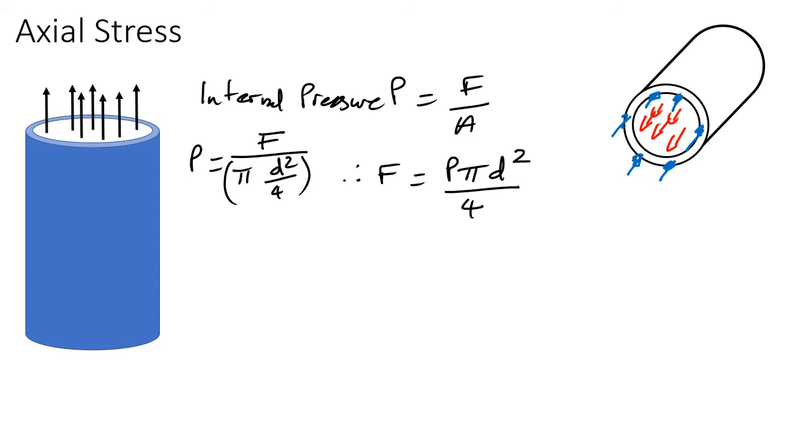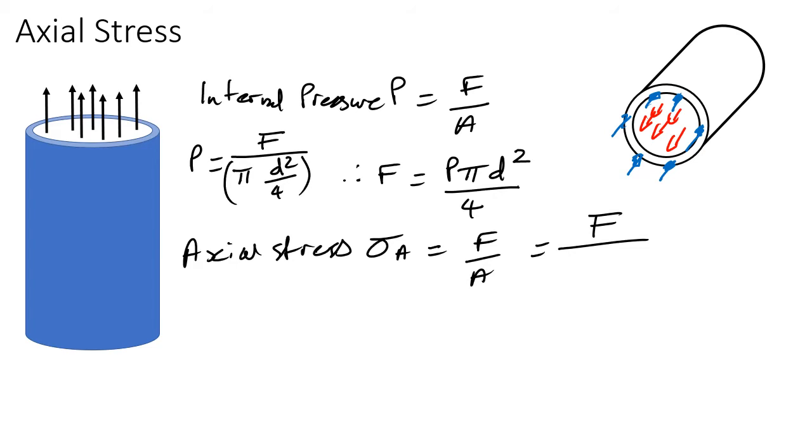So for our axial stress in the wall, we'll call that sigma A equals force over area, and in this case the area of this surface here, this area around here, is just going to be pi d.